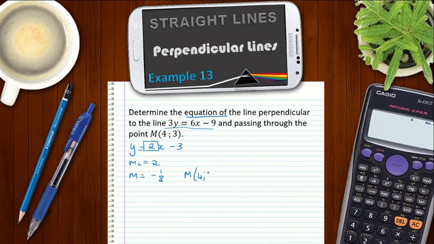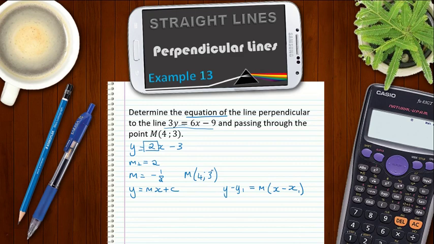That's enough information to find the equation of a straight line, and the standard form is y equals mx plus c, and we already have the gradient, so we just substitute in the point and find the c value. And once again, you can also use y minus y1 equals gradient times x minus x1, but for this example I'm just going to substitute my point into this standard form.